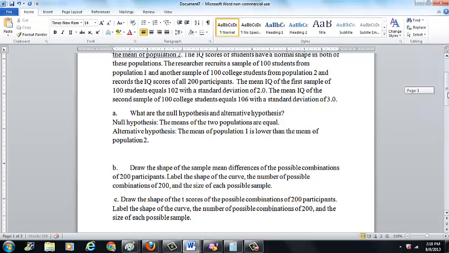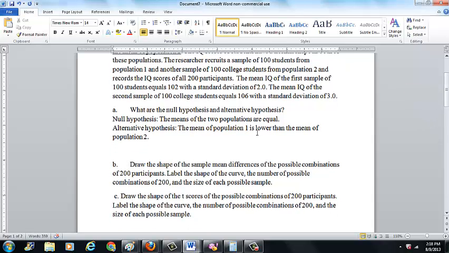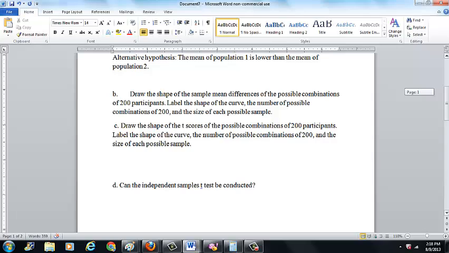And we have a one-tailed test again, because whenever it says higher or lower inside this alternative hypothesis, it's a one-tailed test. Part B and C are the same question as before.